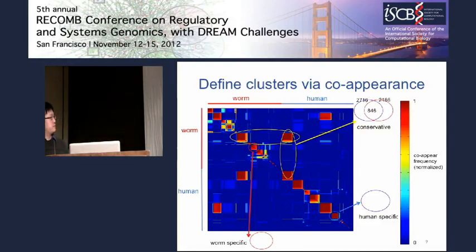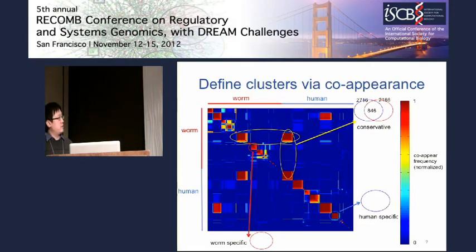So he did this run using the worm expression network together with the human expression networks. Here the clusterings are sorted individually, so if you look at this plot, the clusters of worm are along the diagonal, and in this plot, the clusters of human are along the diagonal. But of particular interest are some clusters like this one, the yellow ones here.